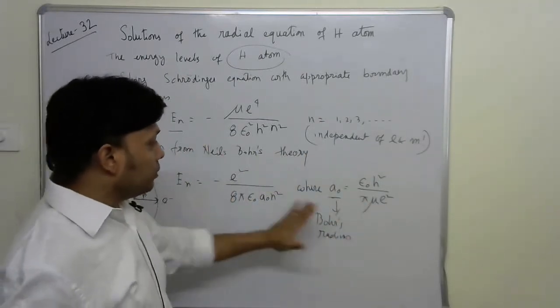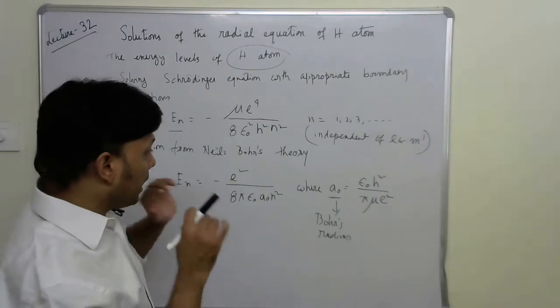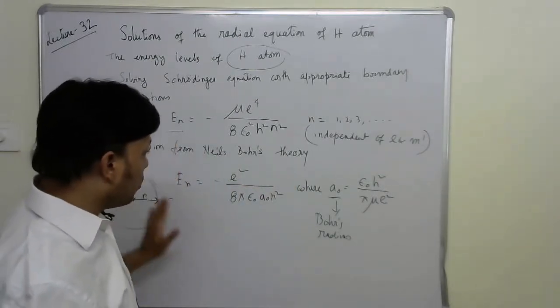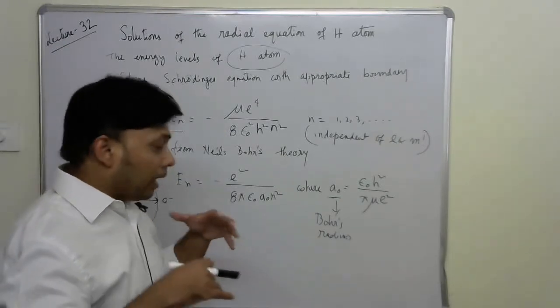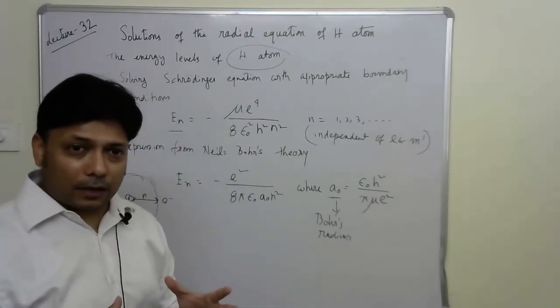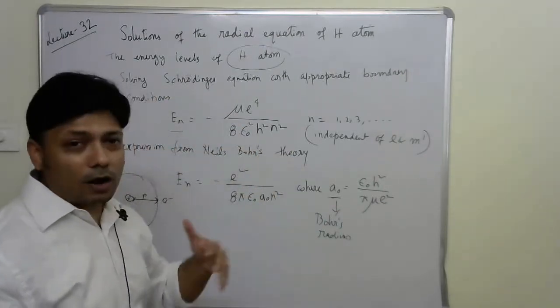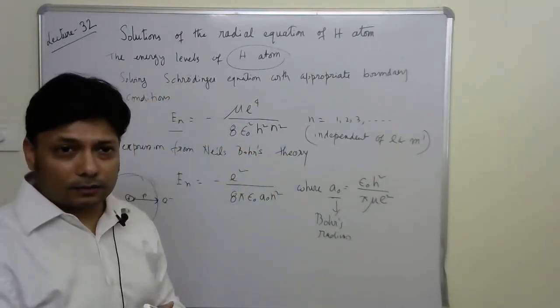But except for the reduced mass value, everything else was the same. So whatever Niels Bohr calculated from classical mechanics, the final expression turned out to be exactly identical.